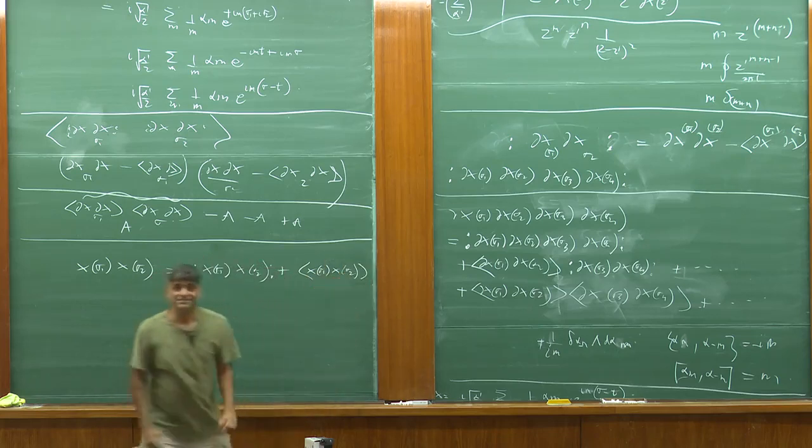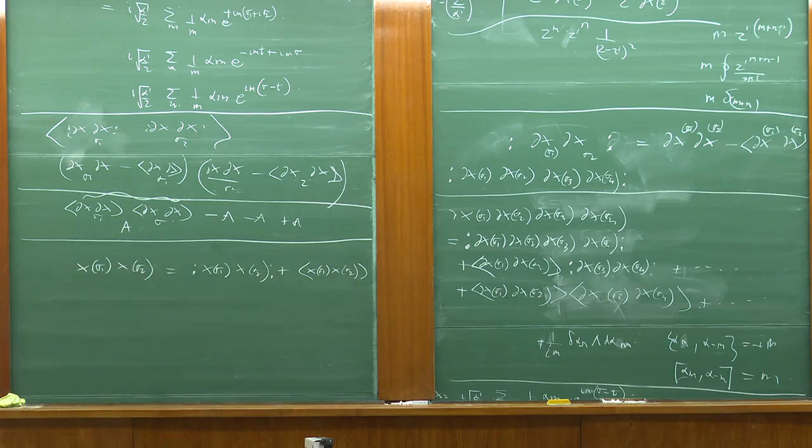Would it be something like O by Z1 minus Z2 raised to a power, where the expectation value of O is 0? I can't hear you. In the OPE of x sigma 1 and x sigma 2, couldn't there be something like O by Z1 minus Z2 raised to 4, and the expectation value of O is 0?